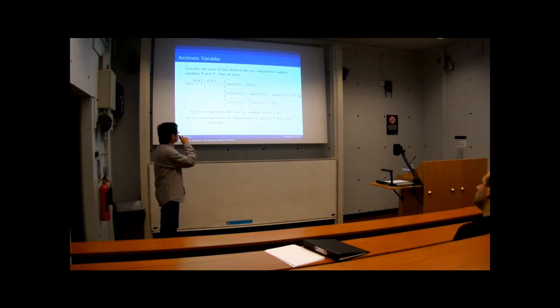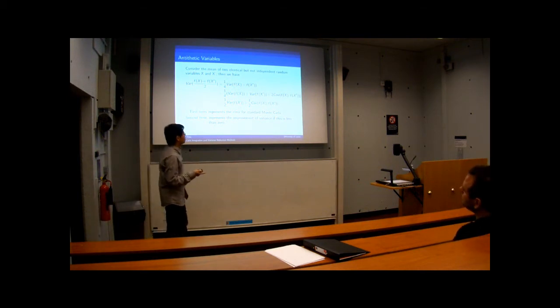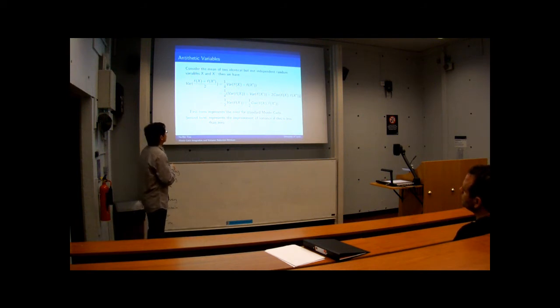We compute the variance of these 2 variables, and we get the answer here. The first term represents the error for standard Monte Carlo, which I introduced before. And if the last term is negative, it represents the improvement of our variance, because then this one will be smaller than the first one.